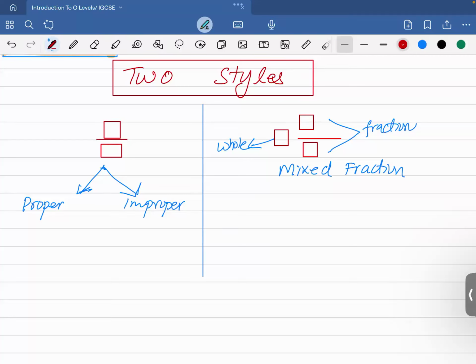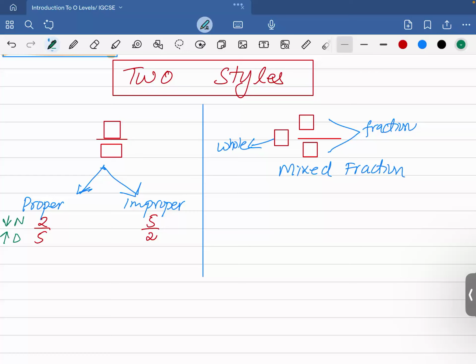Sir, in an improper fraction the value of the numerator is bigger than the denominator. So it means that 5 by 2 is improper and 2 by 5 is proper. Agree? Yes. She explained it very well. Done, good job, I'm proud of you. In the proper fraction the value of the numerator is lesser and the denominator is greater.